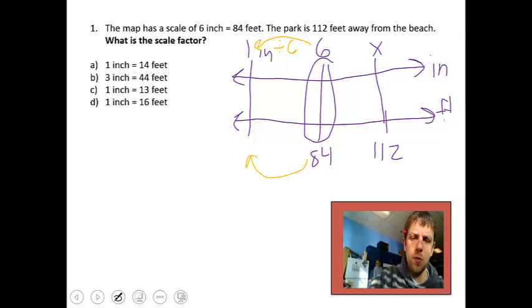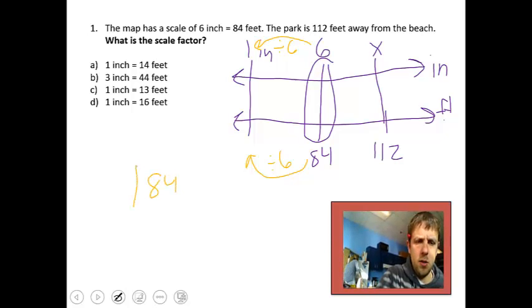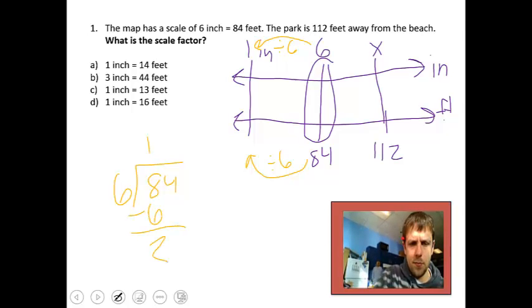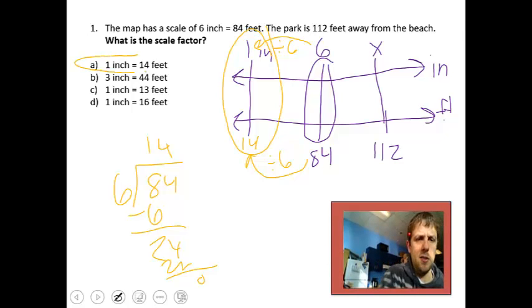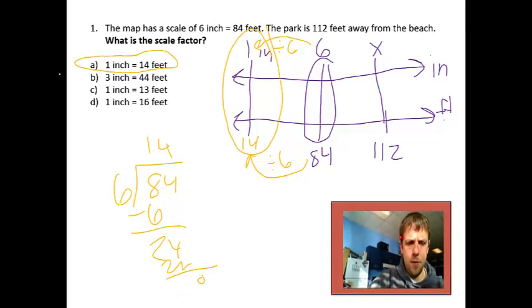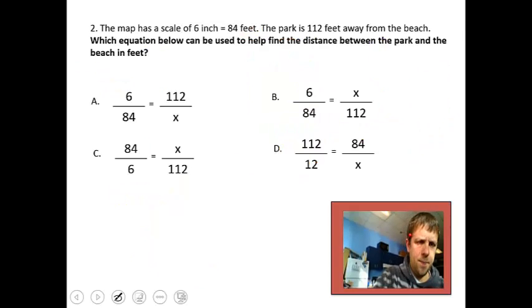So 84 divided by 6 will give me my scale factor. So 84 divided into 6 equal pieces is equal to 14. So I know the scale factor is 1 inch is equal to 14 feet, meaning my answer is A. Alright, let's go on to the next slide.